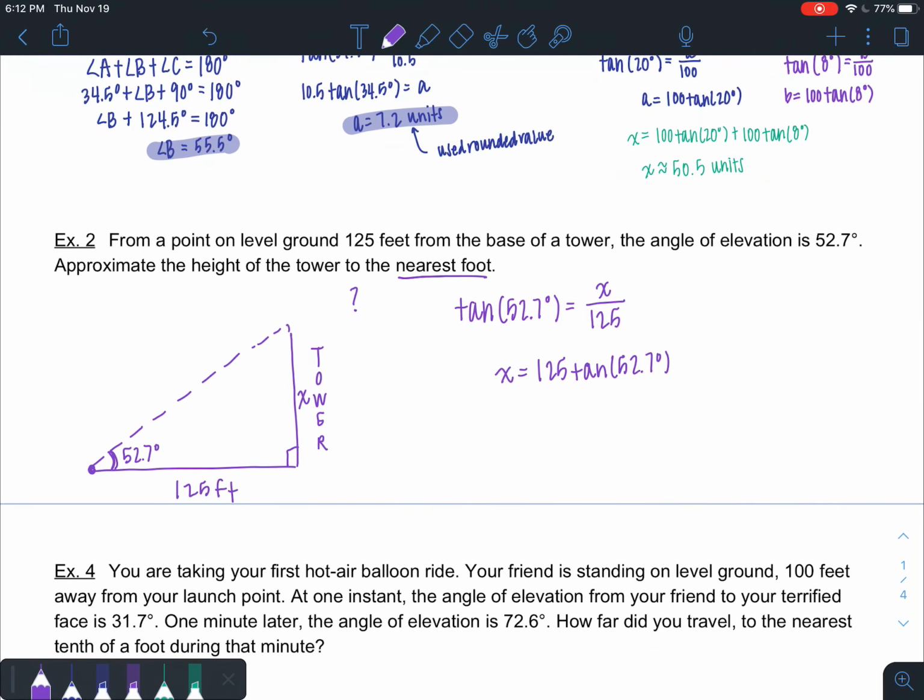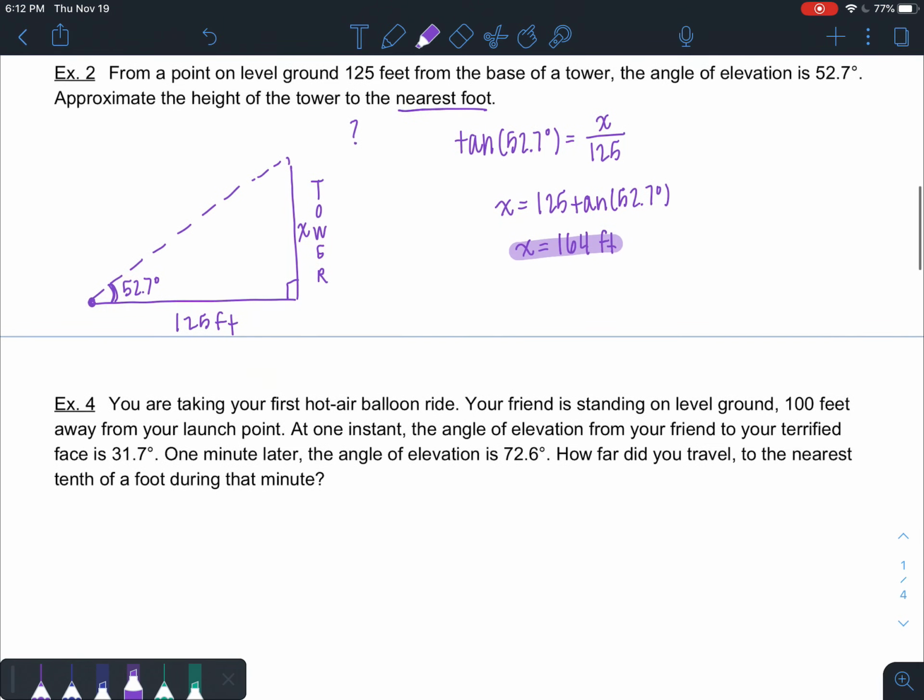And it says to the nearest foot, so we're actually just going to write 164 feet since it asked for that to the nearest foot. So that is our answer.